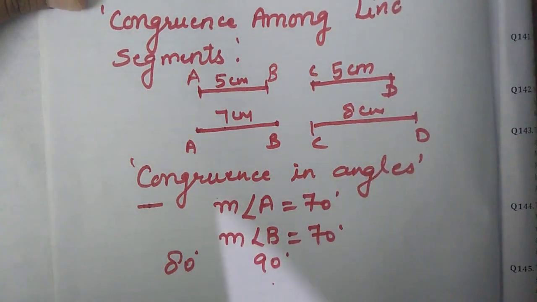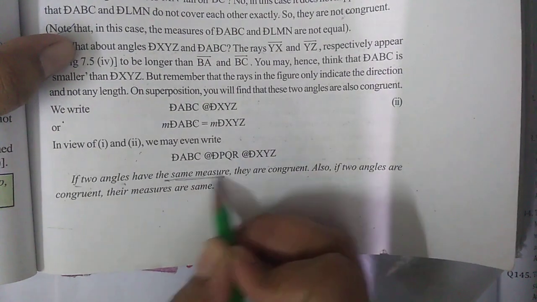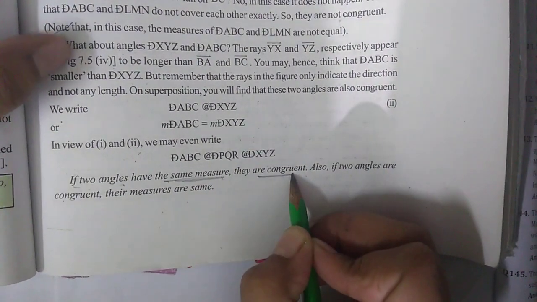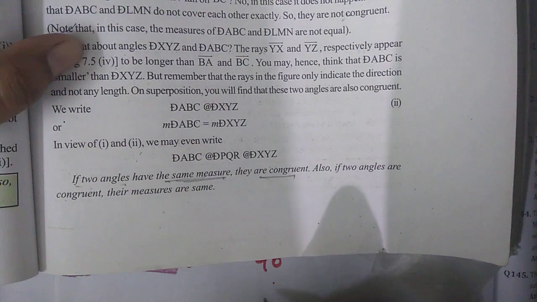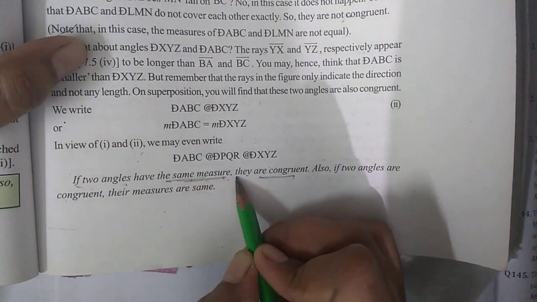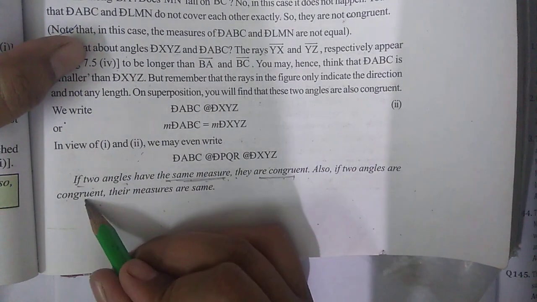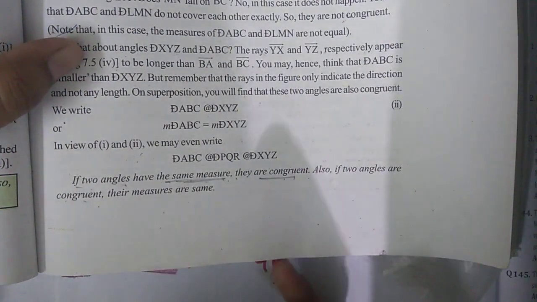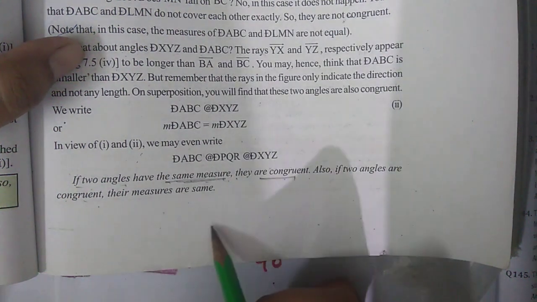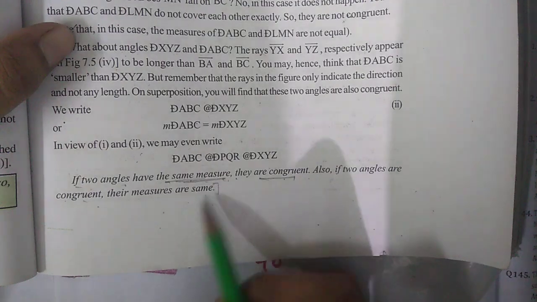So this is the relation: if two angles have the same measure, they are congruent. Also, if the angles are congruent, then their measurements are the same.